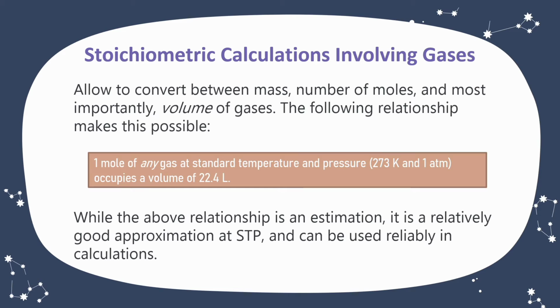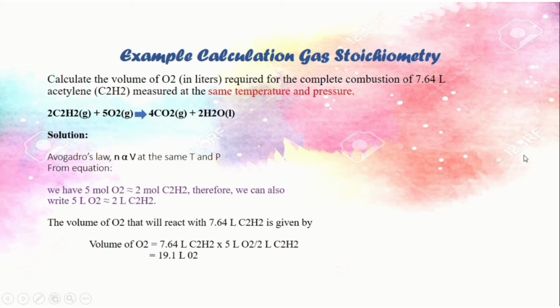While the above relationship is an estimation, it is a relatively good approximation at STP and can be used reliably in calculations. Next, we move to the example calculation for gas stoichiometry.